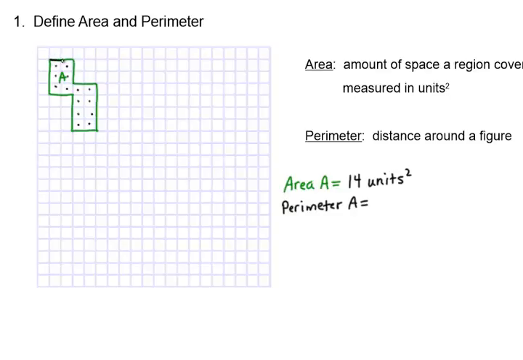So 1, 2, 3, 4, 5, 6, 7, 8, 9, 10, 11, 12, 13, 14, 15, 16, 17, 18, 19, and 20. So it's just 20 units. So that's the difference between area and perimeter.